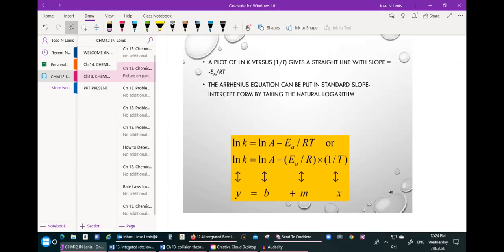That's going to be one of our next lab demonstrations. And we are going to collect some data. And we are going to plug in that data. And we're going to graph.